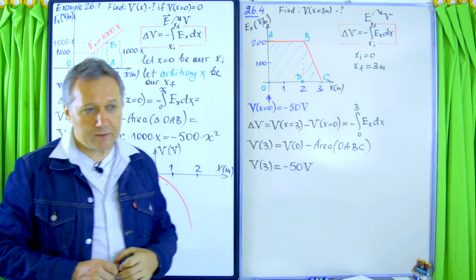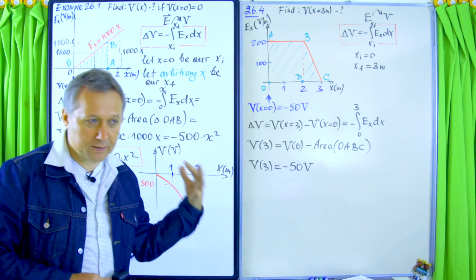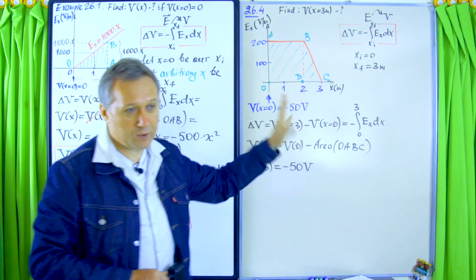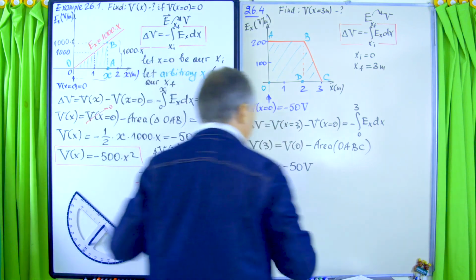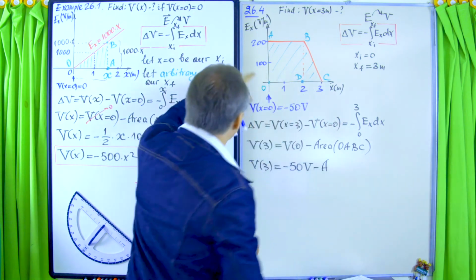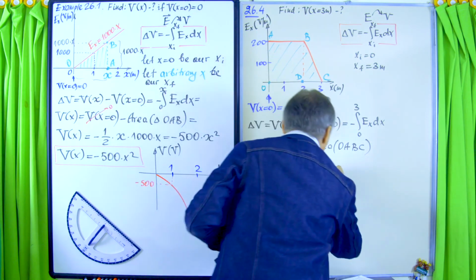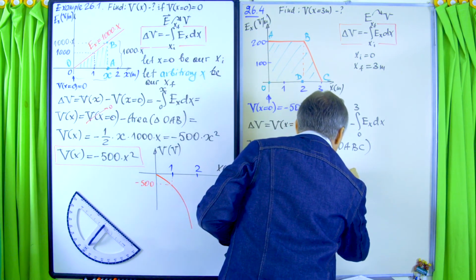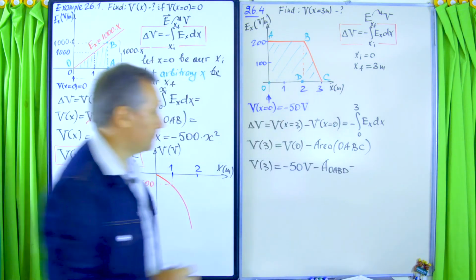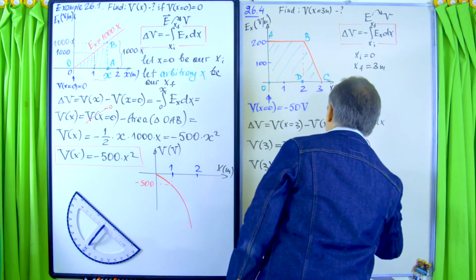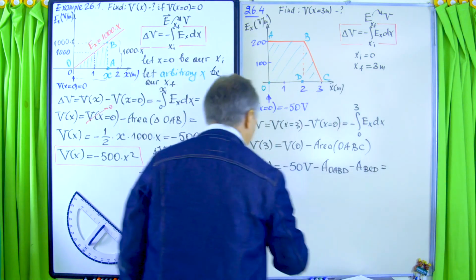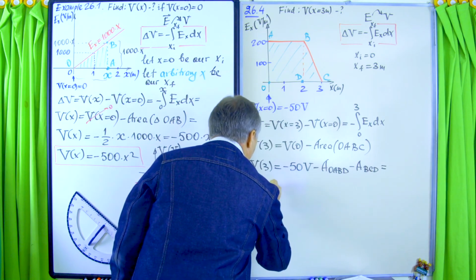So as a result, they can end up with the wrong sign of this term. So just be careful. So minus what? Area of OABD, and minus the area of a triangle, area of BCD, right? Okay, so that can be easily found.